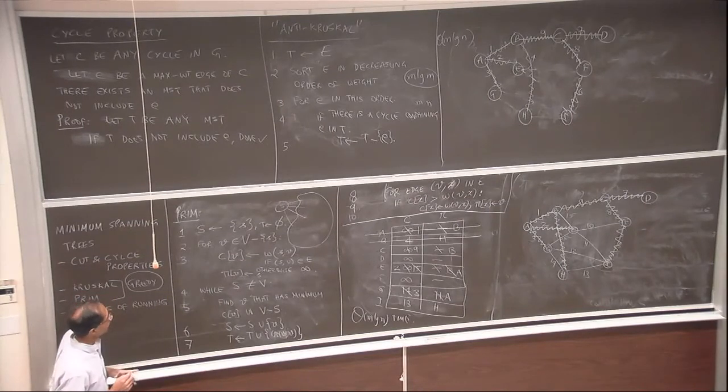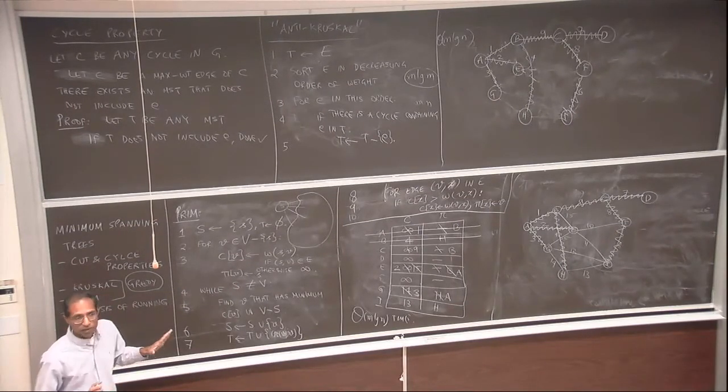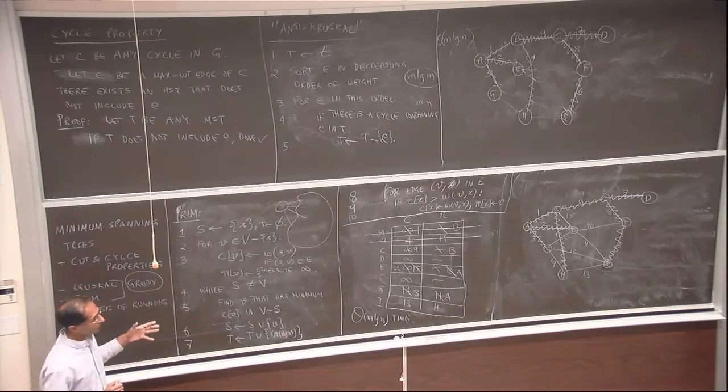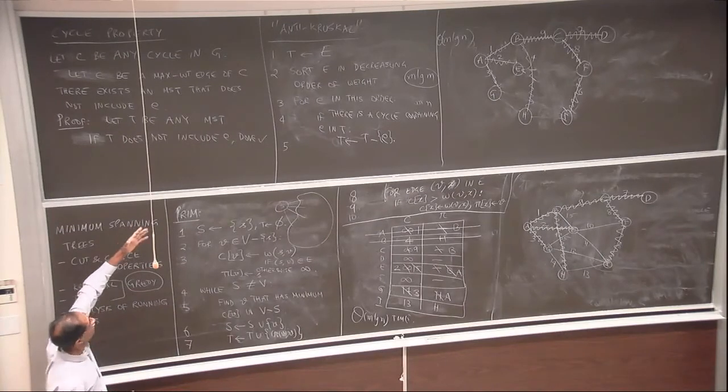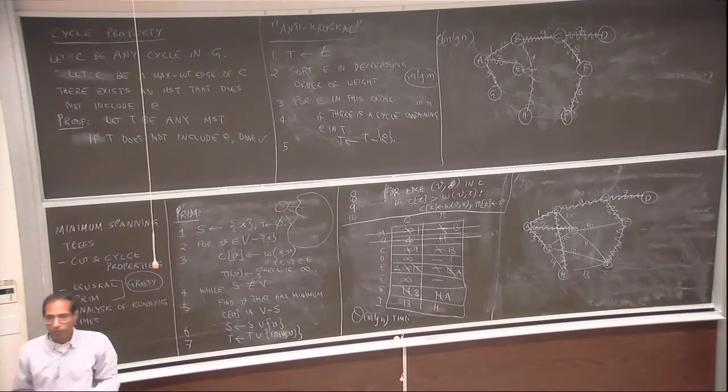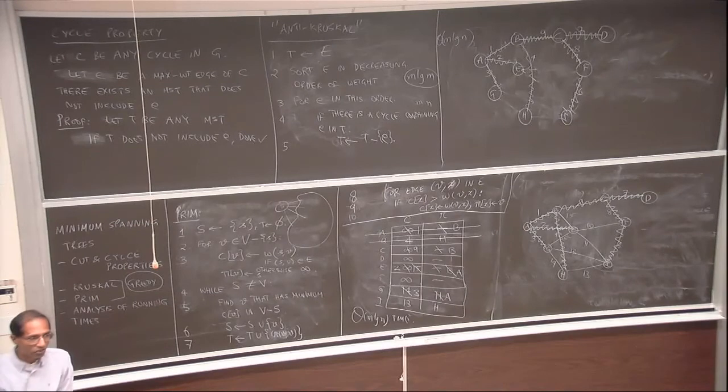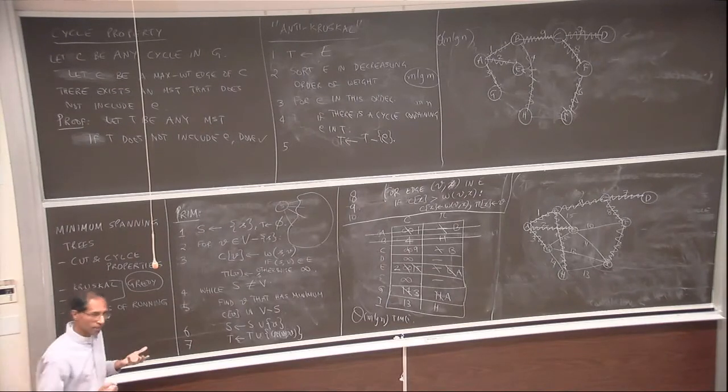Okay. Are the algorithms clear? Okay. We are not proving their correctness because the fact that they find the minimum spanning tree is because they are both relying directly on the cut property. The cut property tells us if I give you an edge that is the minimum weight in a cut that your tree is not crossing right now, go ahead and include it, and that's what both of these algorithms do. They pick different cuts.